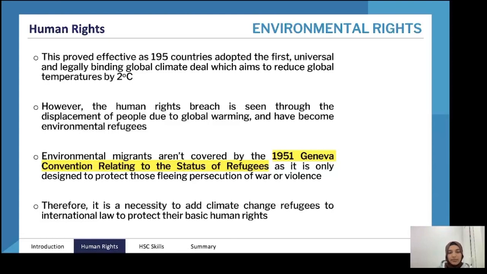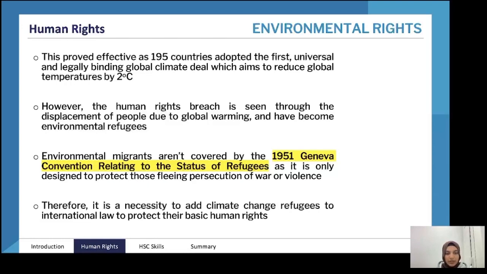However, the human rights breach is seen through the displacement of people due to global warming, who have become environmental refugees. We've heard of earthquakes and floods, and every few months we hear something: bushfires, wildfires. So there's always something going on, and unfortunately, that is something that must be addressed because it's getting worse by the minute.